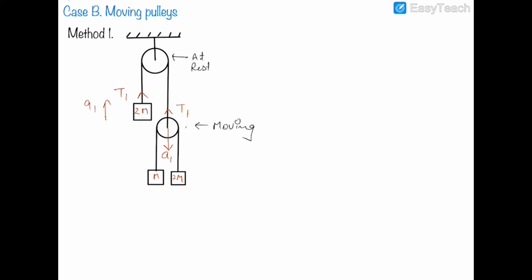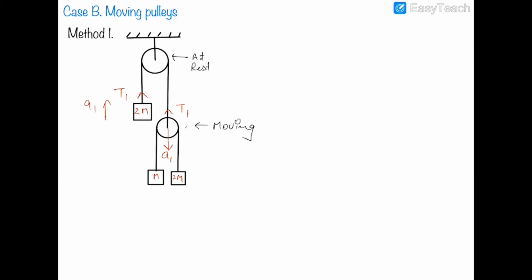And this is also due to the fact that the pulley situated between 2m and this pulley is at rest. So if this pulley is at rest, the acceleration on its either sides will be equal. So this pulley will also move with an acceleration A1 downwards.